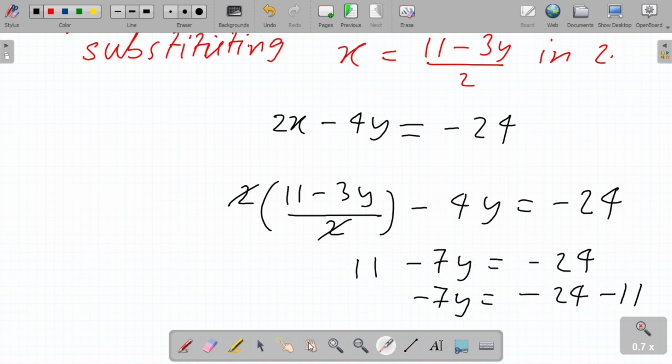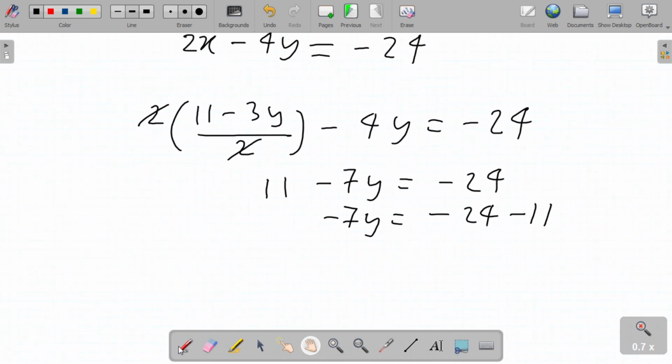Now as you are seeing, this minus 7 is multiplying the variable y, so I will put this 7 on the other side of equals, so it will be in divide form.